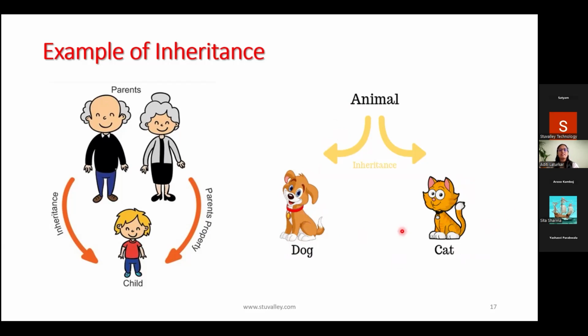Whatever the generalized things are, like color of an animal or name of an animal, whatever common things are there, we can write into the animal class. So in Java, we can achieve inheritance.